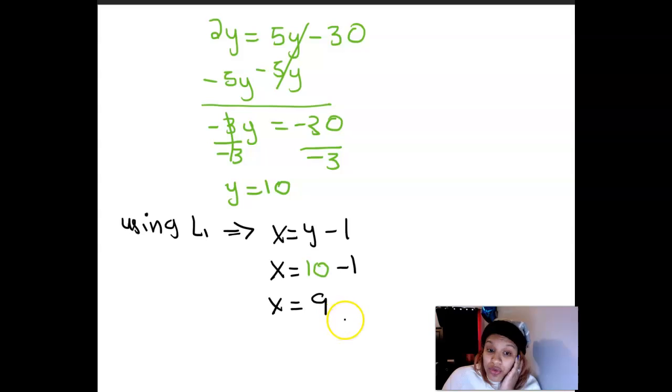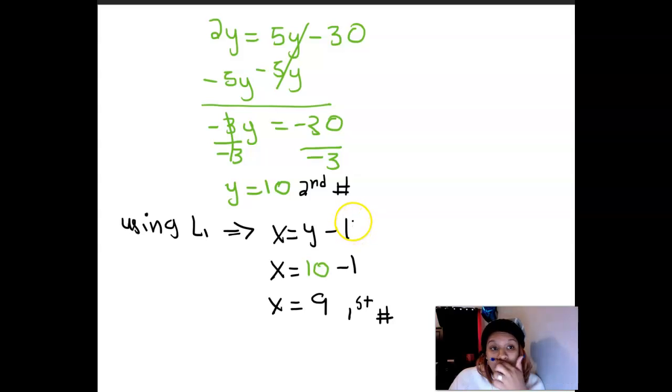So your x is your first number, and y is your second number. And you have used a system of equations to solve this application.